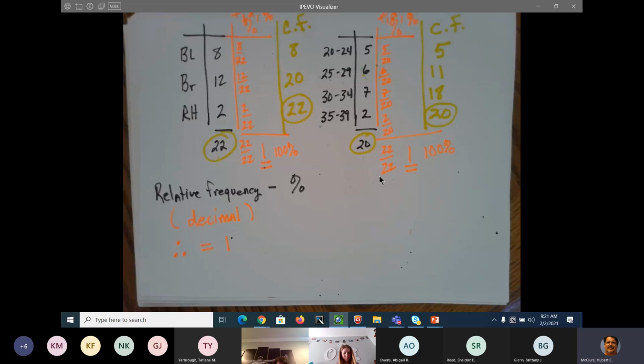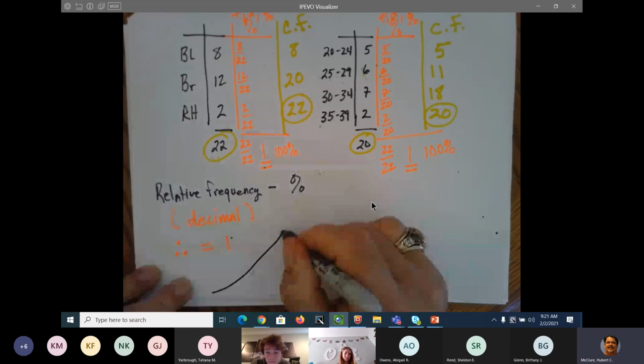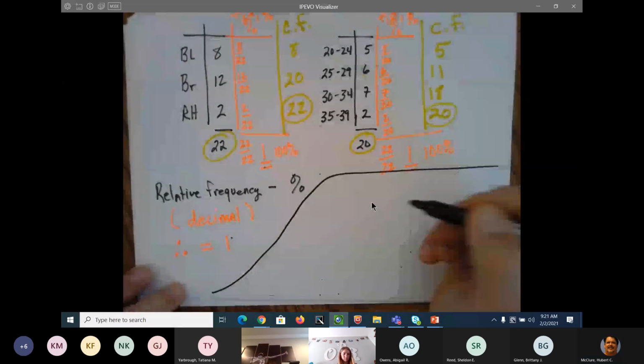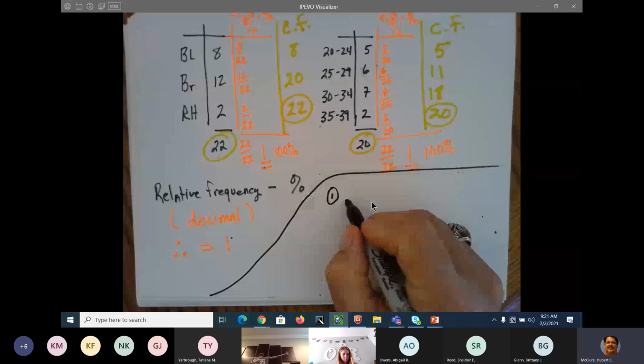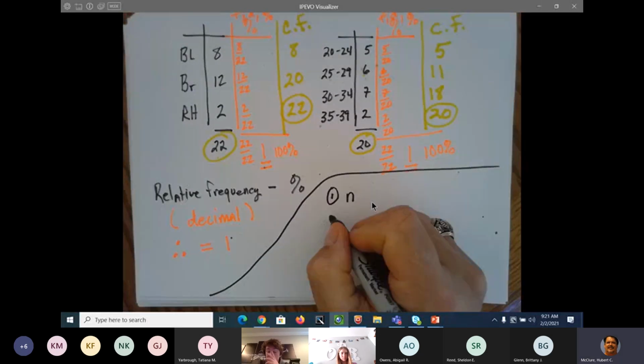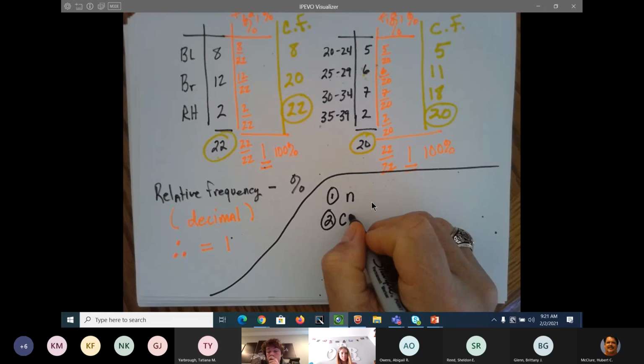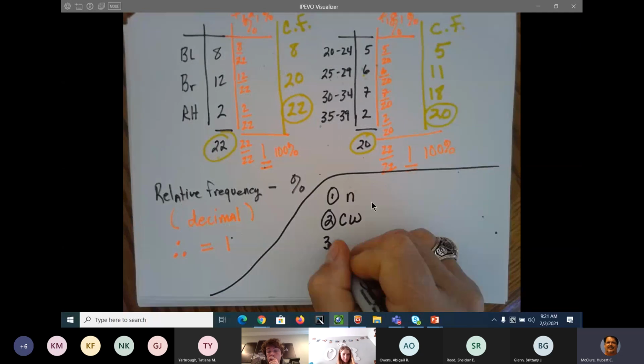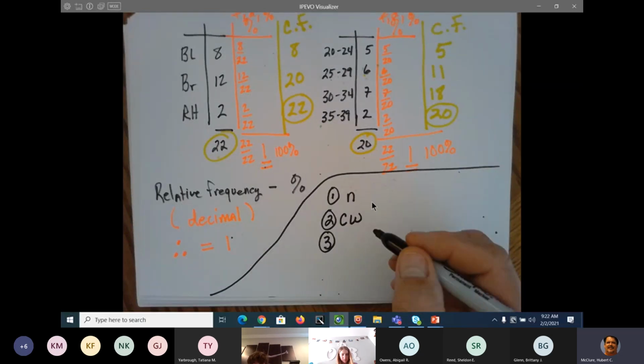Question. Now, for a frequency distribution, you should be able to find, and we're going to write this down, let's do a summary. For a frequency distribution, you should be able to: 1, find n. 2, find the class width. 3, after the class width, you should be able to find what?